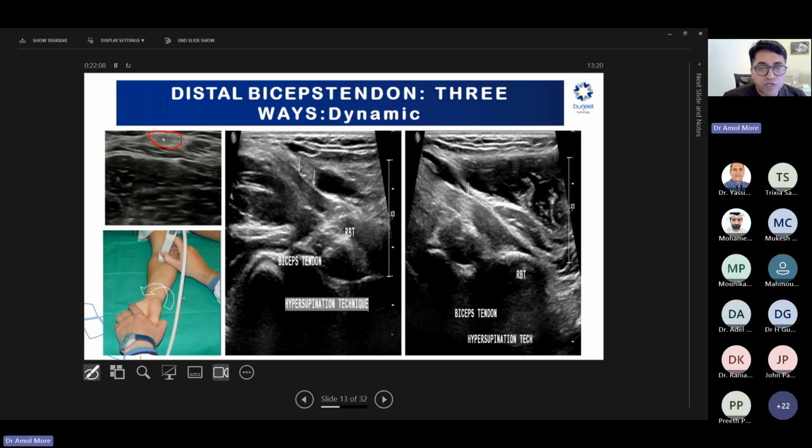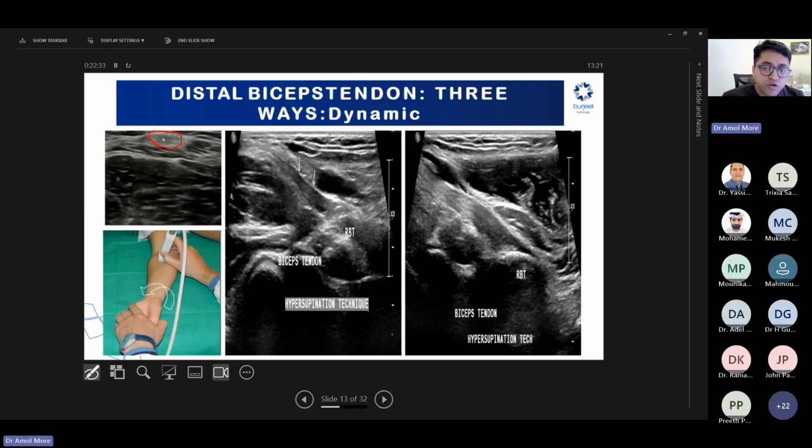So which are those maneuvers? The first maneuver is this hypersupination technique. With your other hand, you can hypersupinate the forearm of the patient, keep your probe in longitudinal plane, and you can see a nicely looking fibrillary pattern of the distal biceps tendon. And this is the insertion on the radial tubercle.